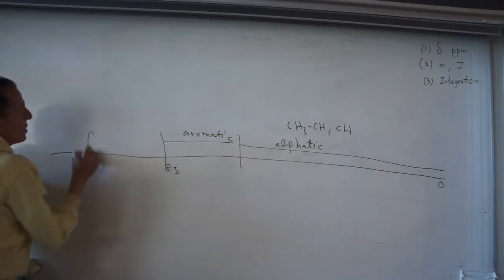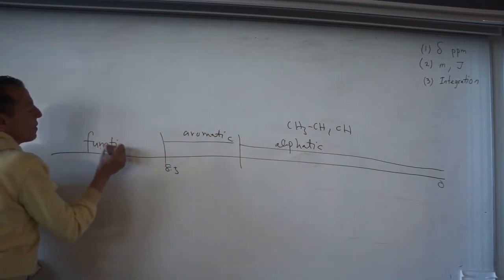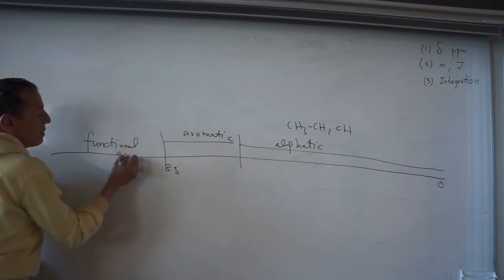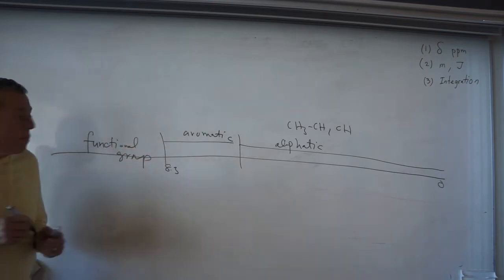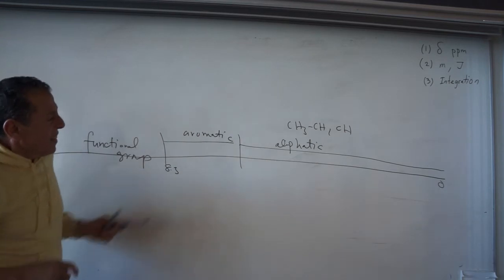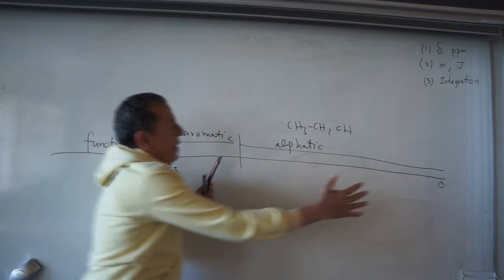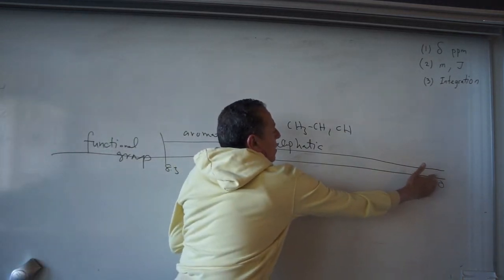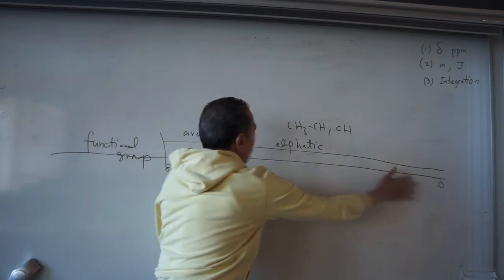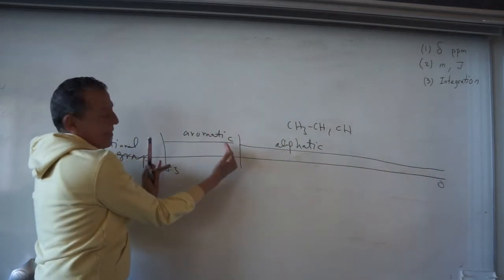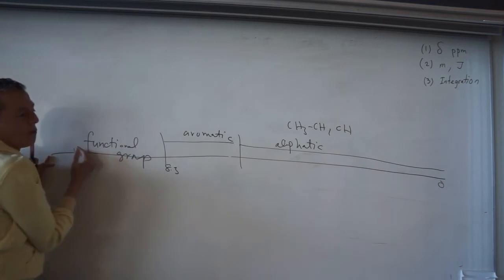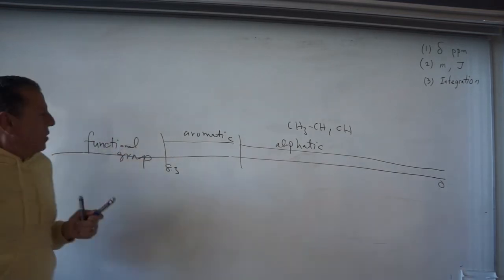After that, you will see the functional group. As you can see, the range of aliphatic is larger, and aromatic is just in a specific region, and the functional group we already know how to prove.